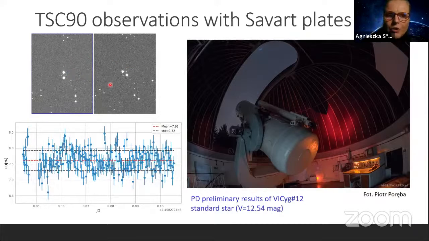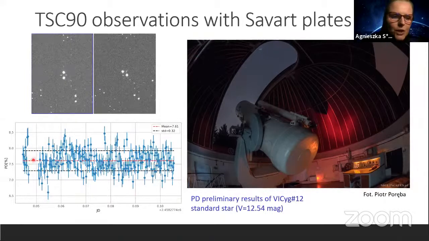And the advantage is that at once you are getting the Q parameter, right? Because 0 and 90 will give you Q, and 45 and 135 will give you U. So you calculate the fluxes, you get the Stokes parameters, then you can calculate the polarization degree. And here is an example of a standard, which is not standard anymore, but I like this star because it's very highly polarized.